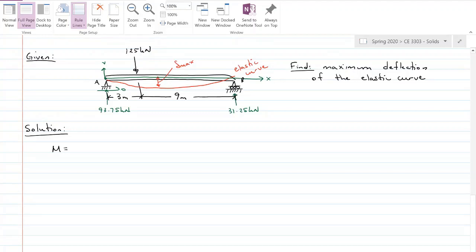My moment equation is going to look like 93.75 bracket x minus 0, 1, minus 125. Again, that arrow is pointing down, so we need to change the sign. x minus 3, 1, plus 31.25, x minus 12, 1.